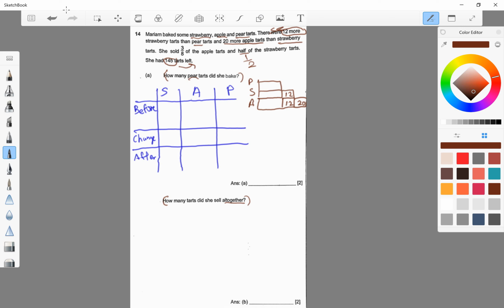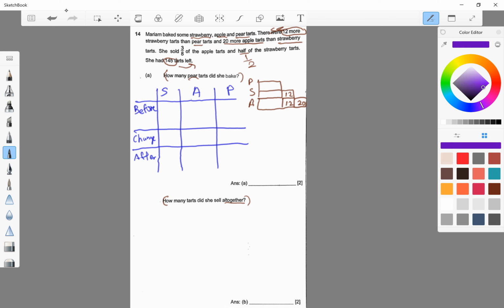The model on the right side is to guide us on how we should proceed with our ratio table. So they told us that she sold 3 out of 8 of the apple. So at this moment, I will be thinking, what should I write into the box? What should I write into the model? And my inspiration will come from the denominator 8.